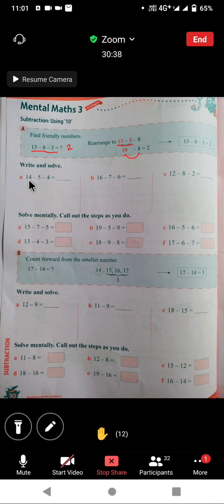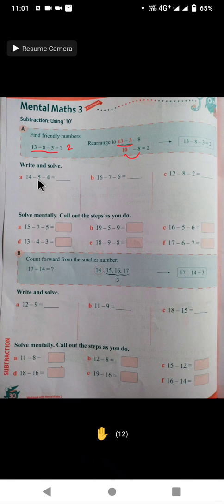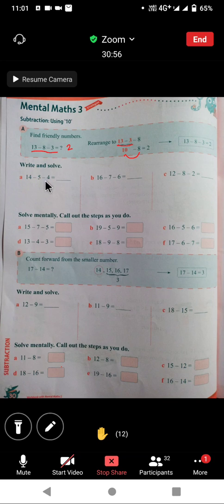Students, we have 14 minus 5 minus 4. Okay, so from 14 what we will subtract, which number, 5 or 4, to get 10? If we subtract 5 from 14 we will get 9, but what we need is 10. So if we subtract 4 from 14 then we will get 10.